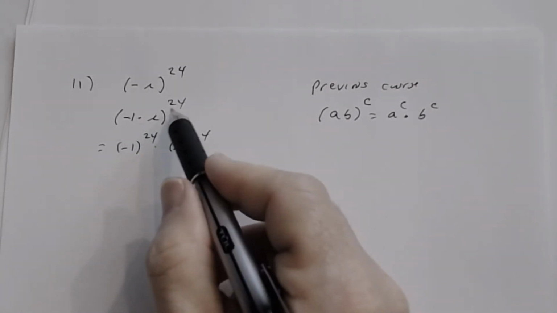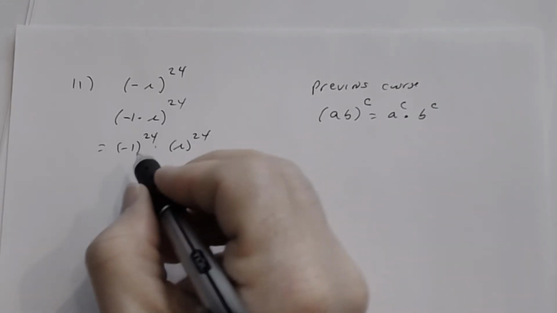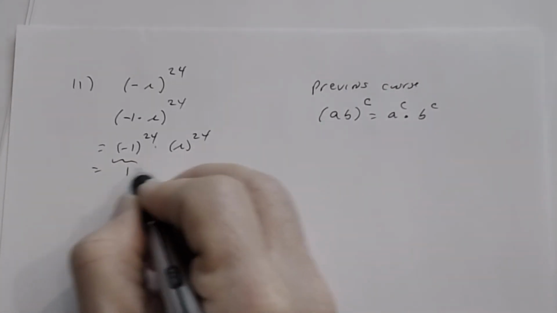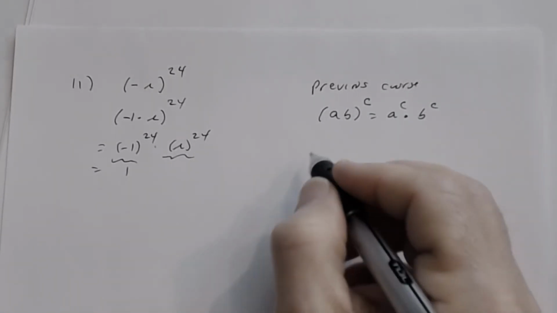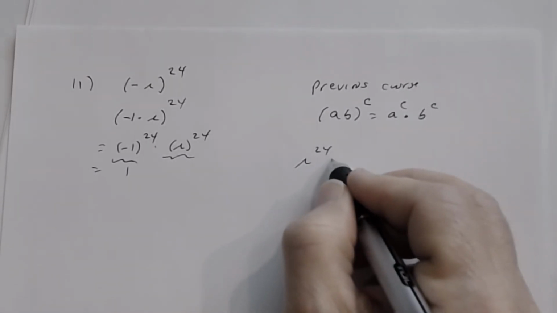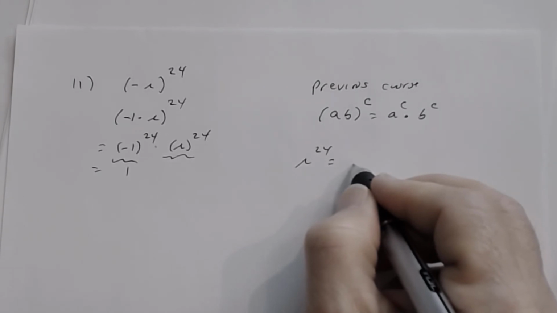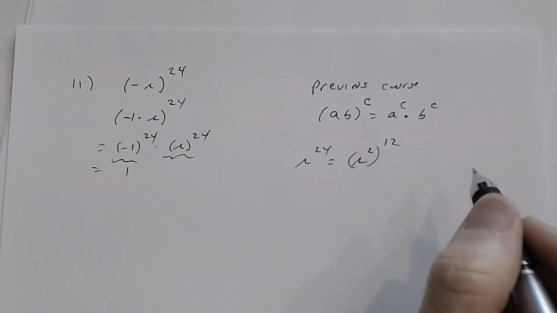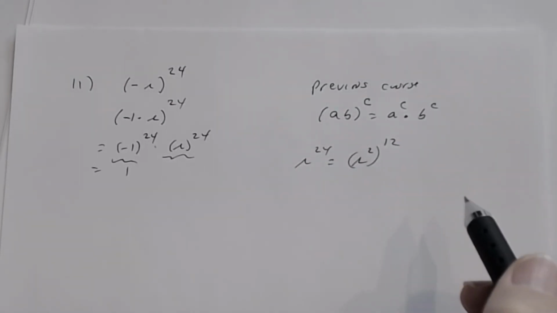We know that negative 1 raised to an even power is a positive 1, and all I have to do is figure out what i to the 24th power is. To simplify that, I'm going to say i squared to the 12th power, because 2 times 12 is 24.